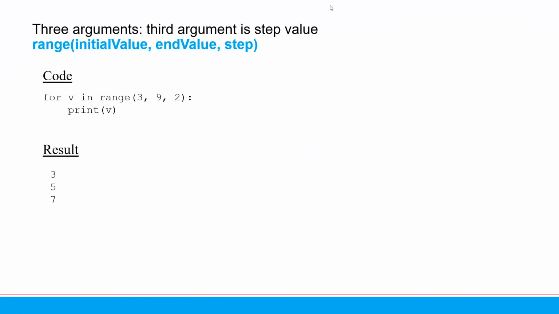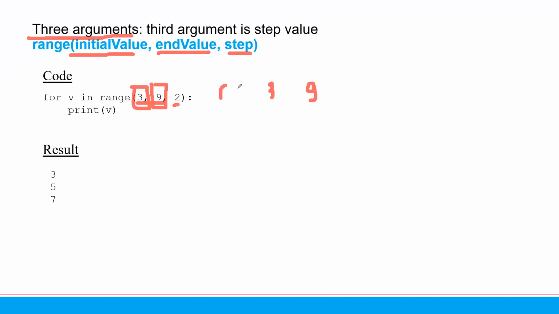We can also have 3 arguments. If it is 3 arguments, it means we have the initial value, we have the end value, and then we do the step. The step means how many steps you want to do for the range in between the initial value and the end value. So I have 3 until 9.